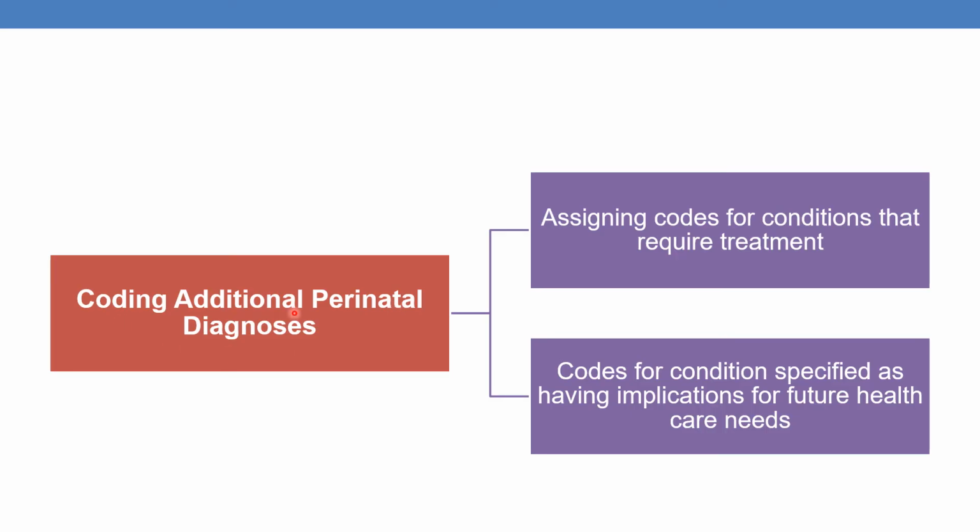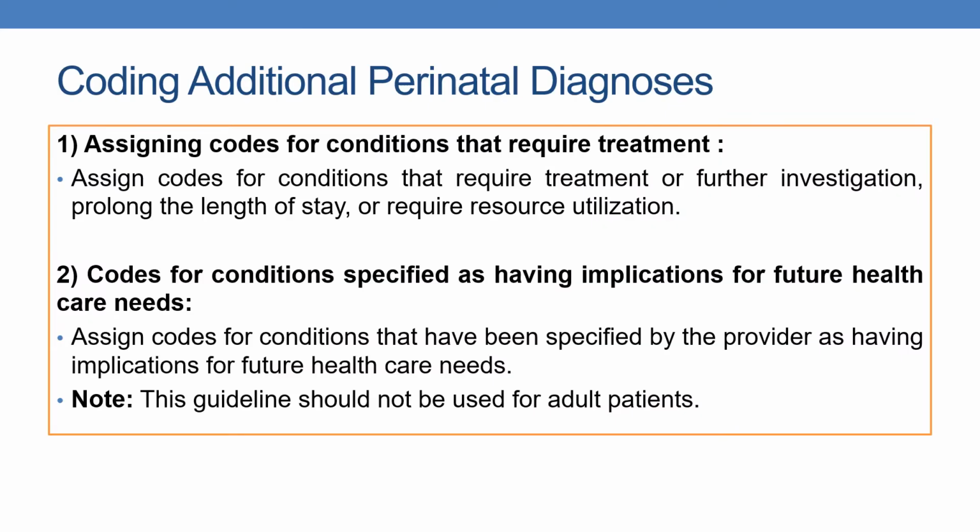Now next guideline, coding additional perinatal diagnosis. This is again subcategorized into two types: assigning codes for conditions that require treatment, and codes for conditions specified as having implications for future healthcare needs. First, coding for conditions that require treatment.